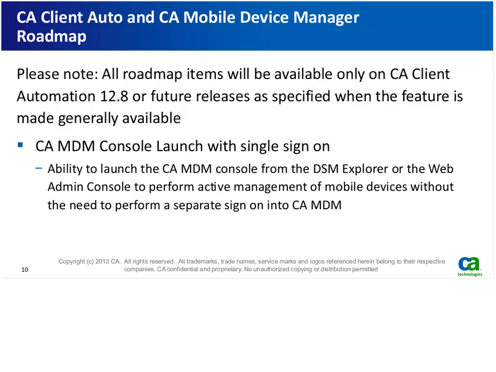But today I wanted to concentrate on those items that are on our roadmap, and they're both on the client automation and the MDM roadmap because some of these things will be done in one product or the other, but wanted to give you some idea of where the future of this integration is going. I also wanted to mention the current integration is available on all currently supported releases, so clear back to 12.5, which was released in 2010.